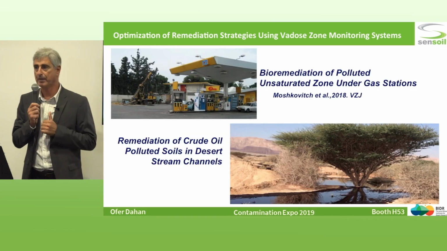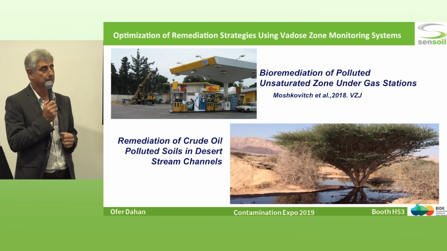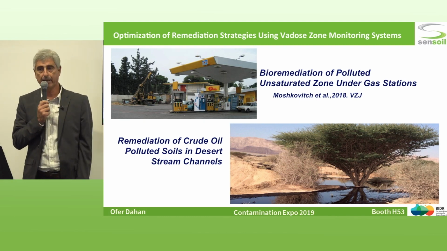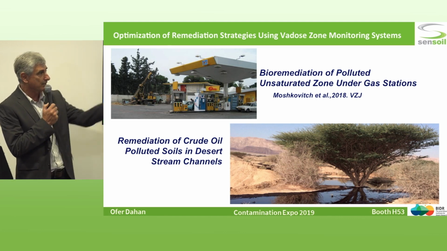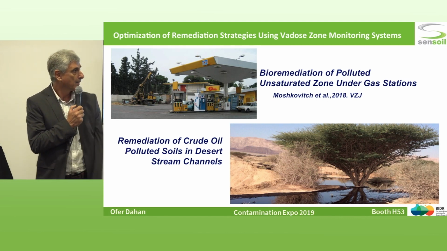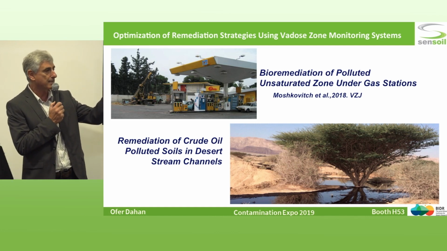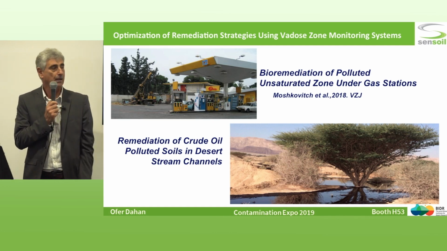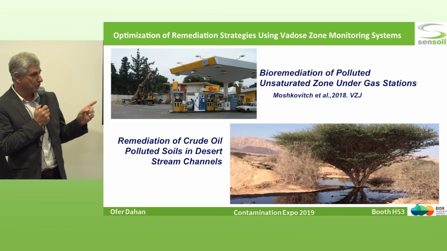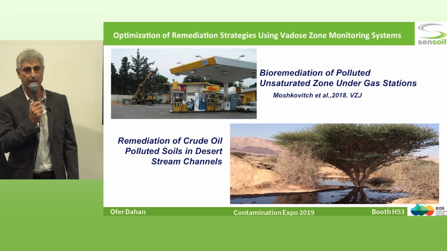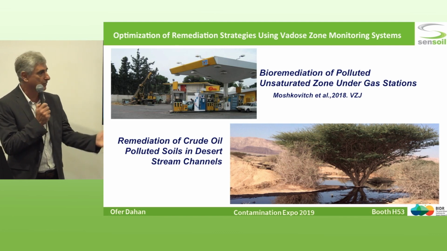The other one was perchlorate, but we did it in remediation of the unsaturated zone under a gas station. There are also publications on these different kinds of gas stations, different types of fuels. And we are also now in a project of remediating an area which is contaminated with crude oil under a desert environment.